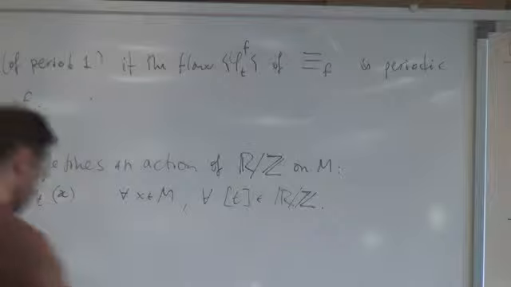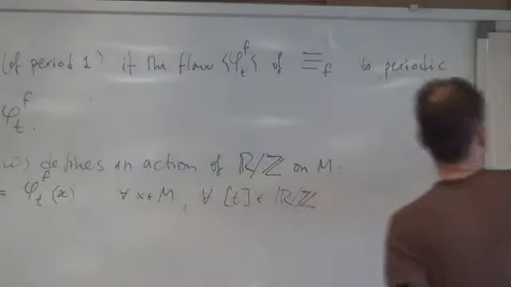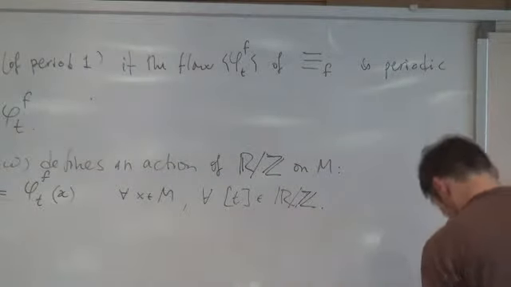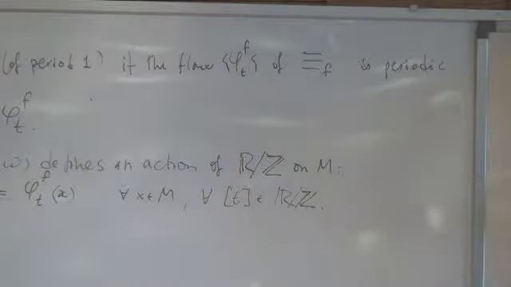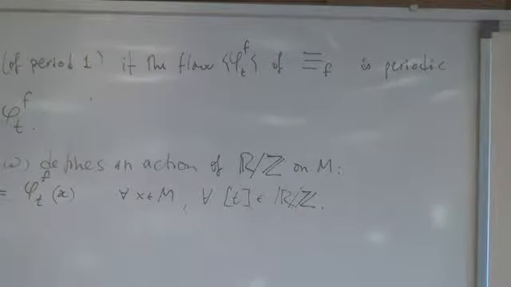Now, suppose I have a whole bunch of these periodic functions. Then it's not clear I actually get an action of a bunch of circles. I need to assume something else, right?